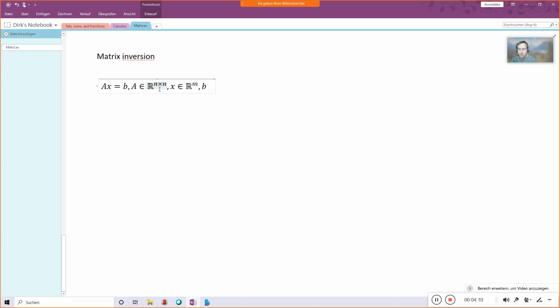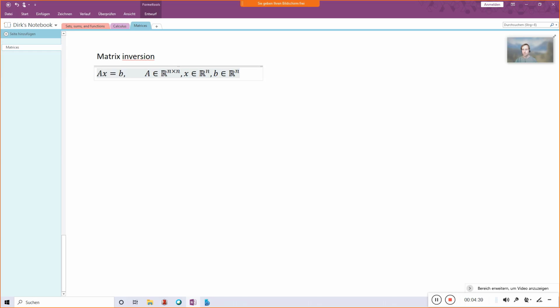We're talking about inversion of matrices. So A is an n times n matrix, so it's a square matrix. x is n-dimensional, and b is also n-dimensional. Because we're not talking about generalized inverses or pseudo or Penrose inverses, but we're just talking about standard matrix inverses.